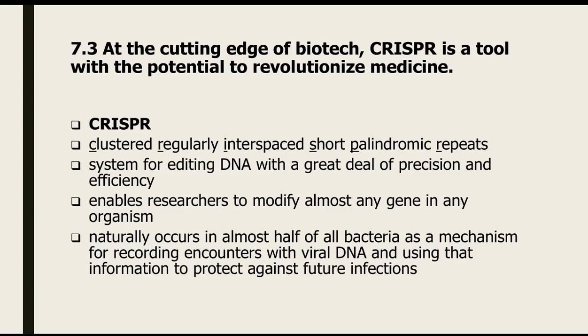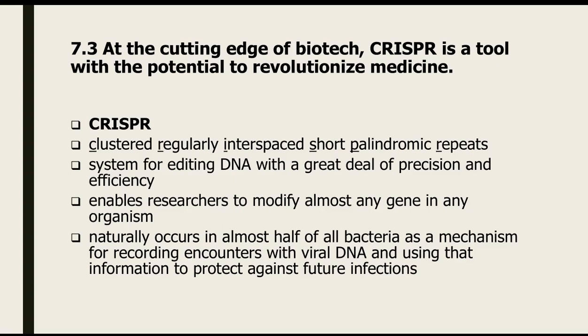Something that's really new, really cutting edge of biotechnology is called CRISPR, and that's how you pronounce that word, C-R-I-S-P-R. It's short for clustered, regularly interspaced short palindromic repeats, which literally means nothing to you, I know. So we're going to go with the word CRISPR.